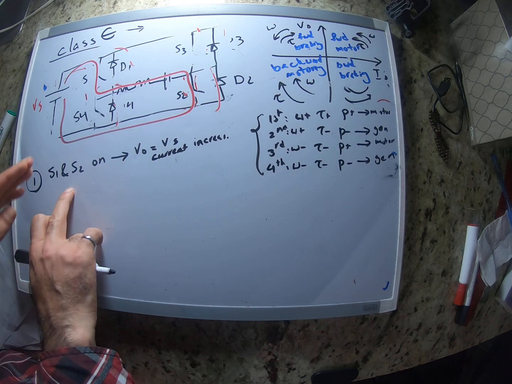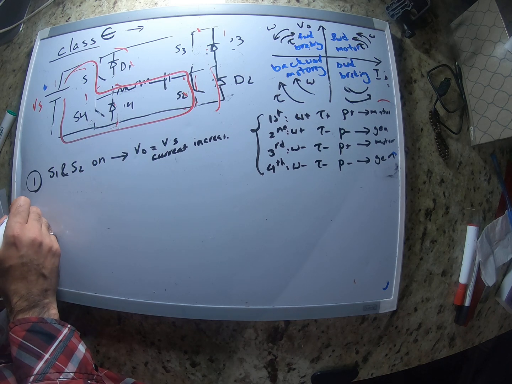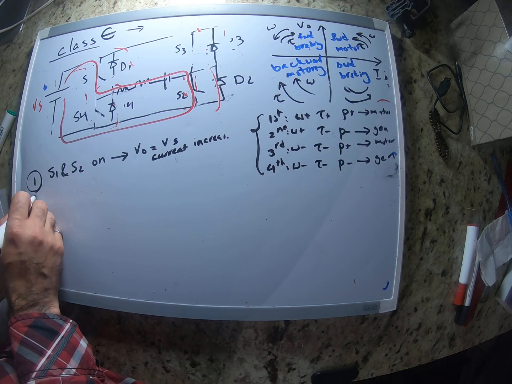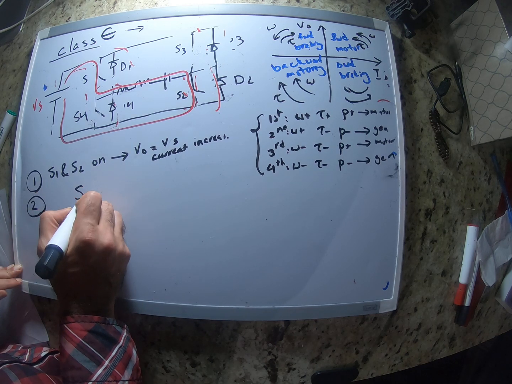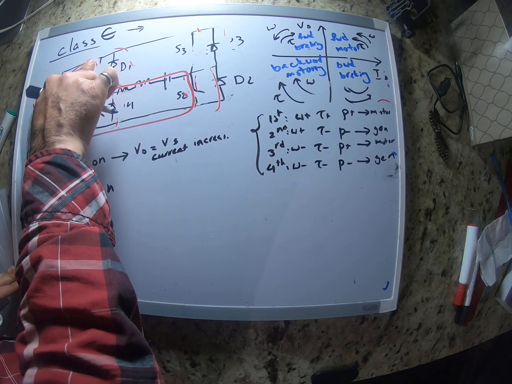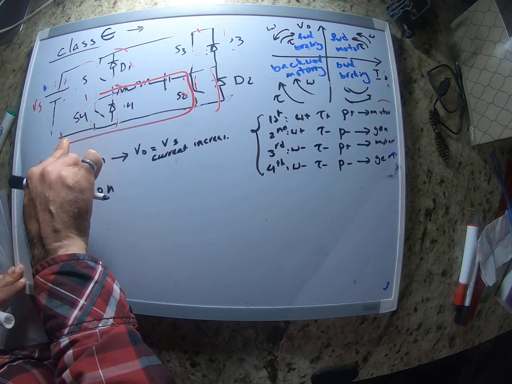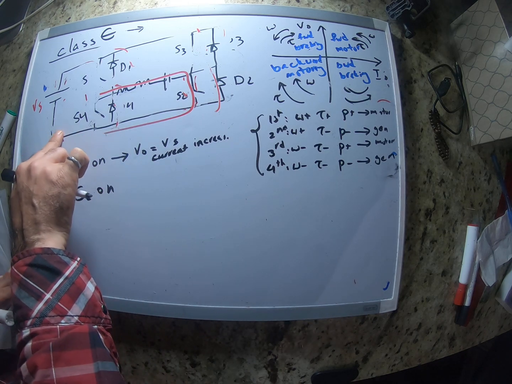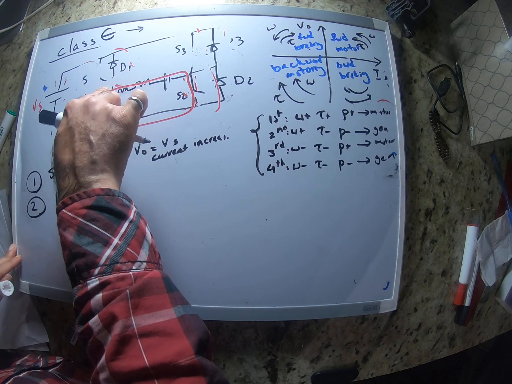We are energizing the inductor. Now let's assume that S1 and S2 are not synchronized again. So S1 goes off, but S2 is still on. We don't have S1 conducting anymore, but S2 is still on. So how is this current going to close the loop?